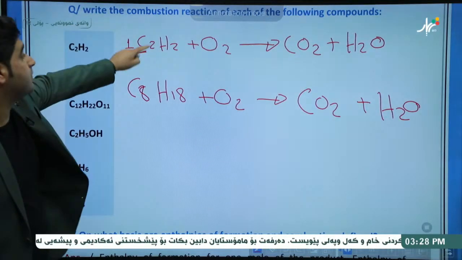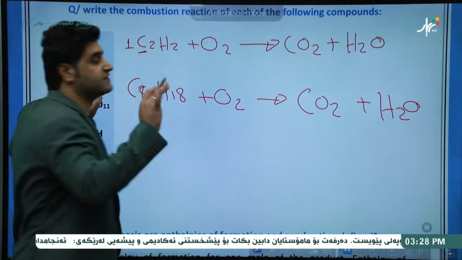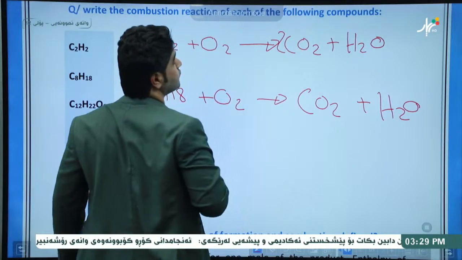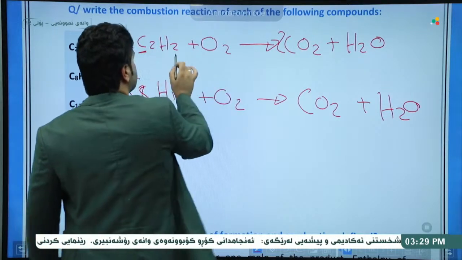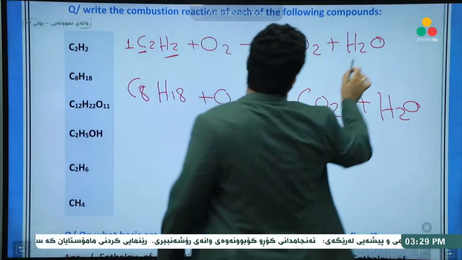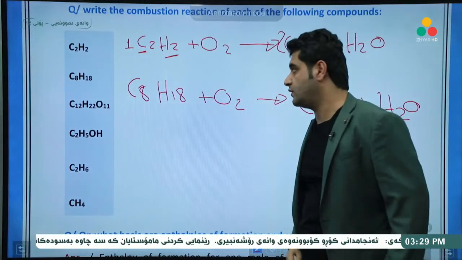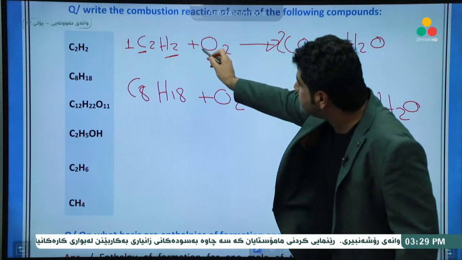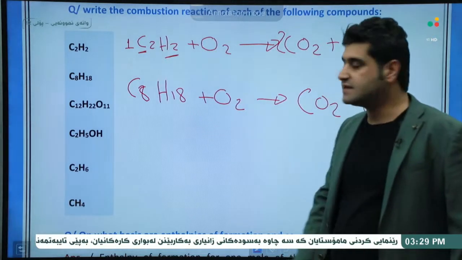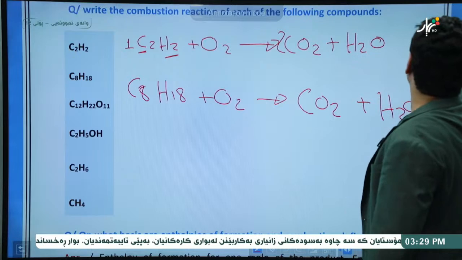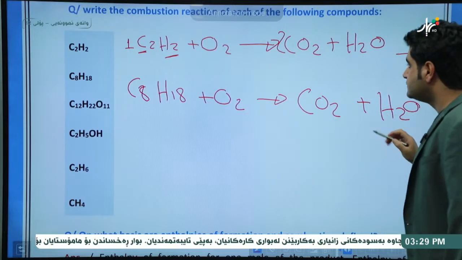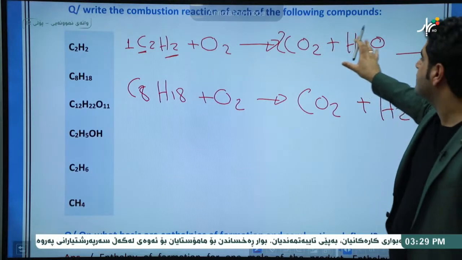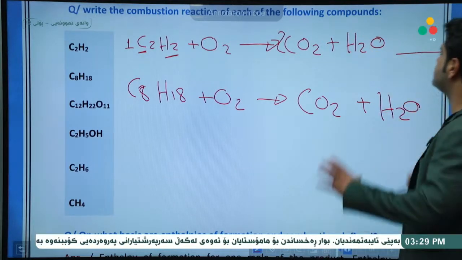Well, first of all, balance the carbon atoms on both sides. 2 carbons, we have to have 2 carbons. 2 hydrogens, 2 hydrogens. Hydrogens are equal. Then, how to balance the number of oxygen? We have to put some number in here to balance the oxygen in this equation. Look. Sum the total number of oxygen in the product.